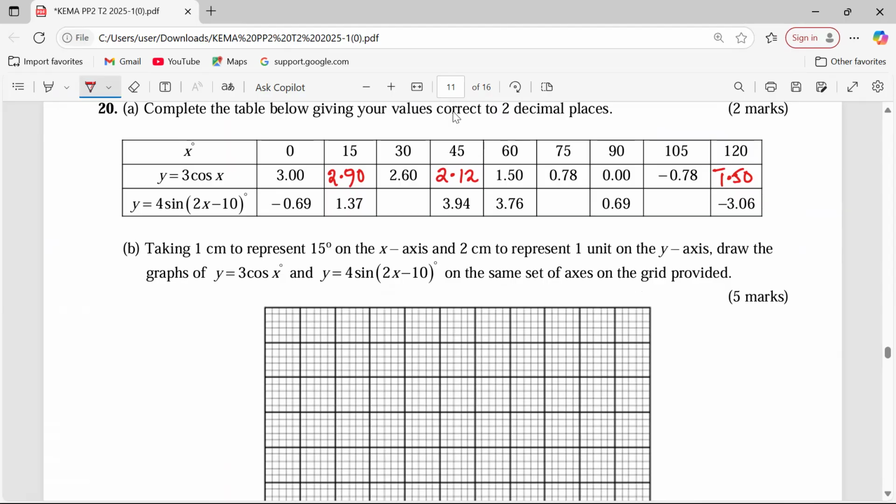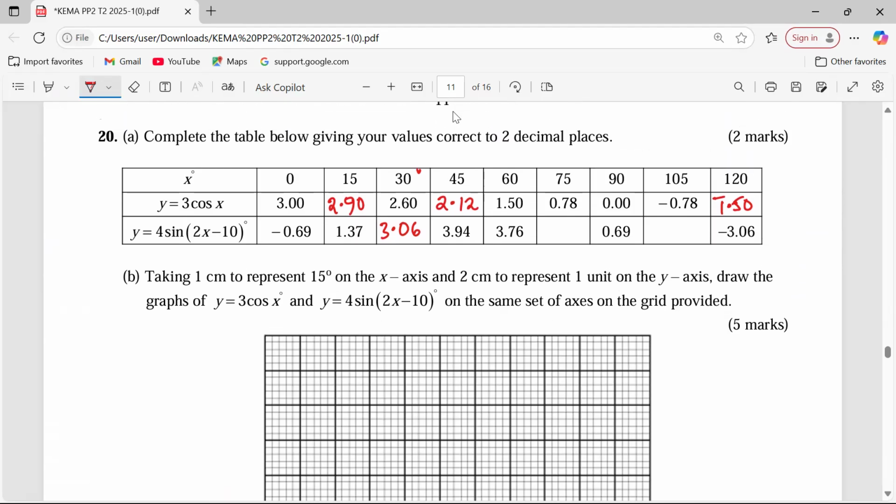Now, I should have 2 multiplied by x, where the gap is at 30. Then we subtract 10 from this, and this is giving me 3.06. You are supposed to use your calculator very well in this case.